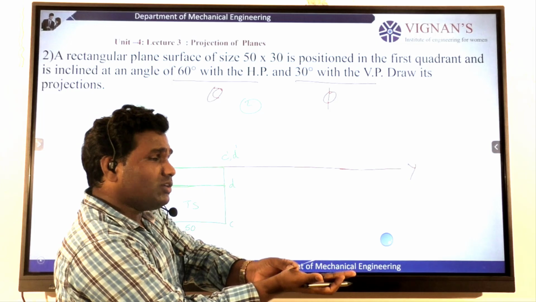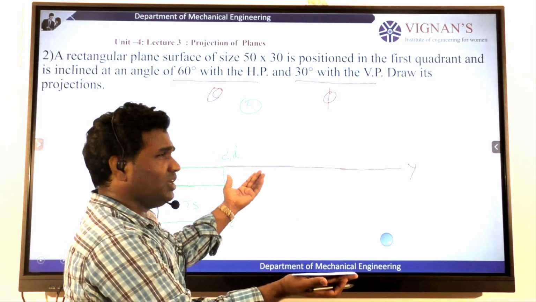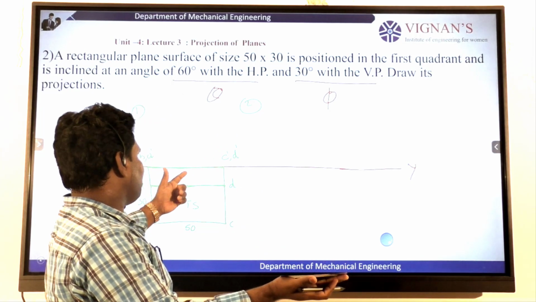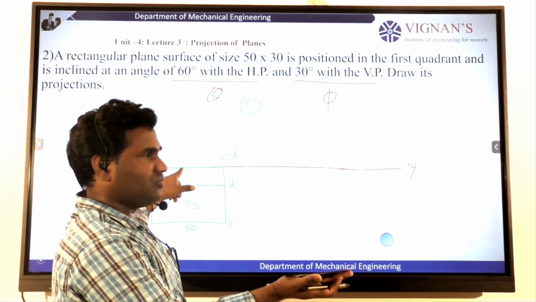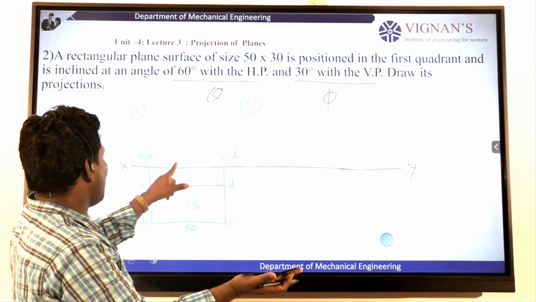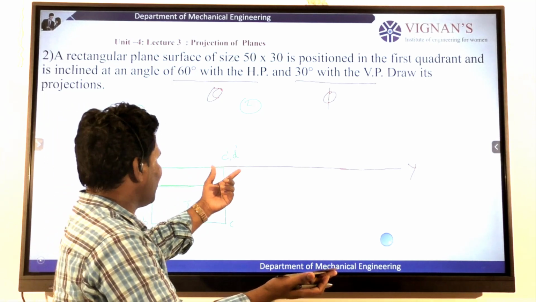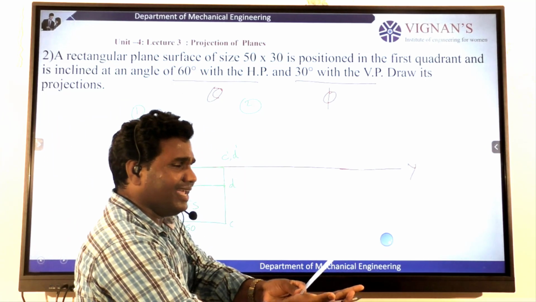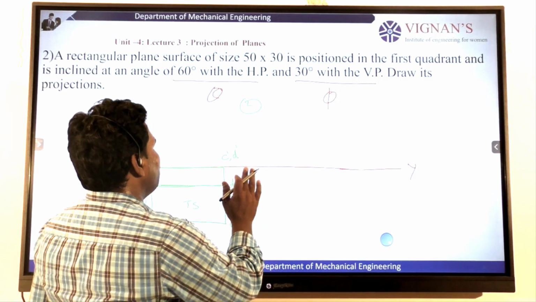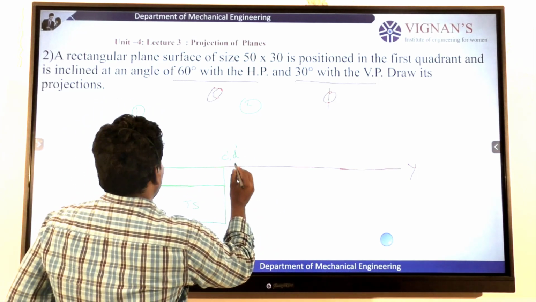So what we have to do here is the first step of front view. The front view we have drawn, B dash A dash to C dash D dash line, should make an angle of 60 degrees with HP, that means with the XY line.